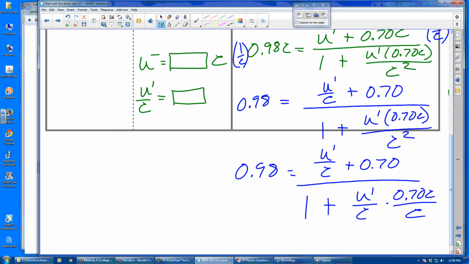When I have this fraction here, I can distribute out like this. Yes? And then the c's cancel.